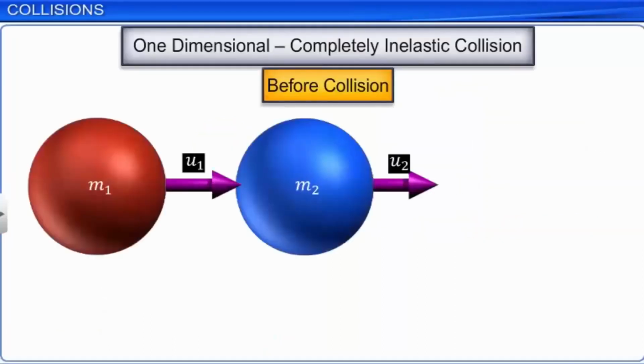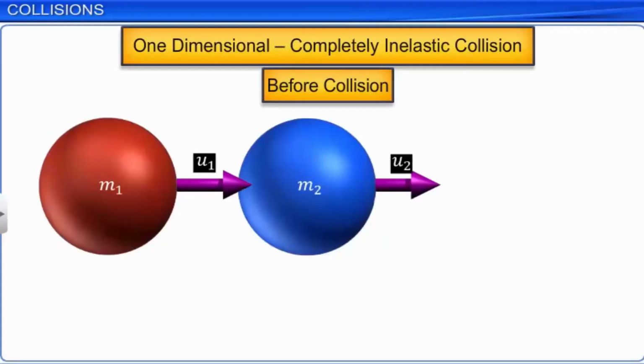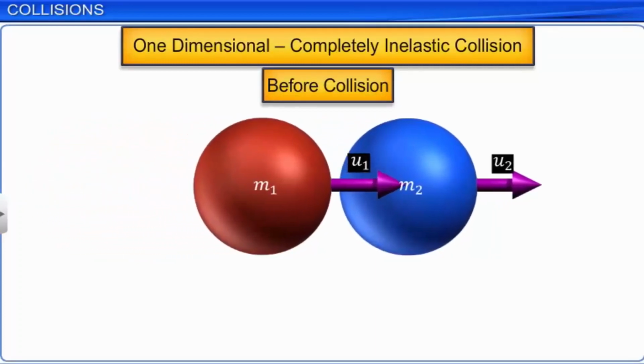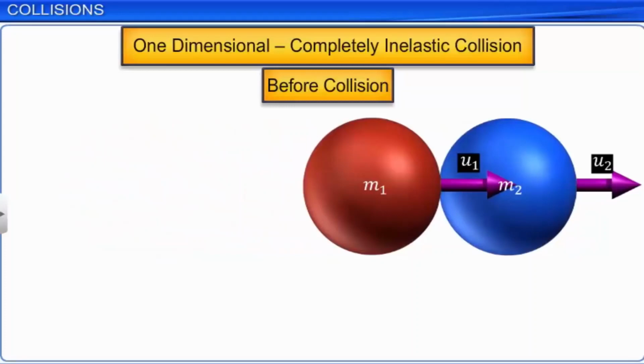Now, consider a head-on collision, that is, one in which the velocities of the bodies before and after the collision are along the same straight line. That is, a one-dimensional collision. A body of mass m1 moving with velocity u1 collides with another body of mass m2 moving with velocity u2 in the same direction along the same straight line.